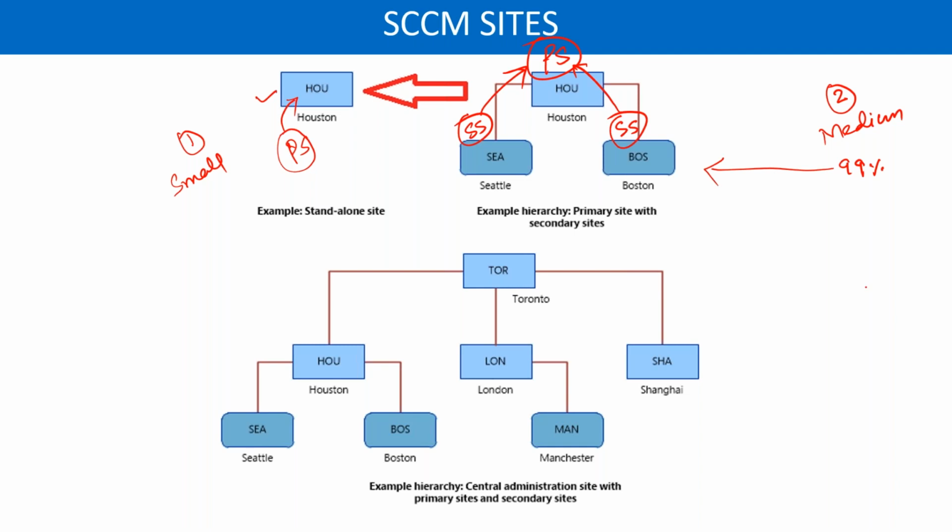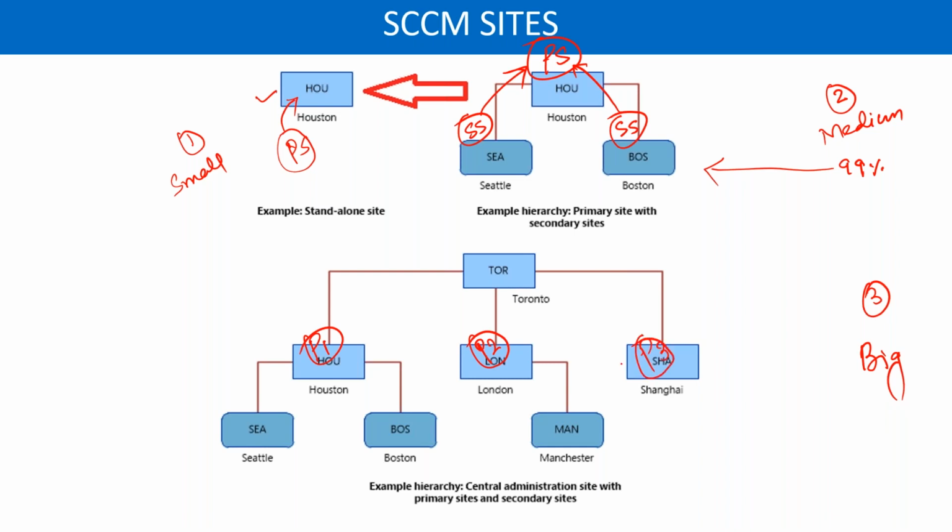Now you have the third architecture. This is for big size organizations, for companies like Accenture, Deloitte, IBM, wherein one primary site is not sufficient. You will have to have multiple primary sites. One primary site is in America, another in Europe, another in Asia Pacific.